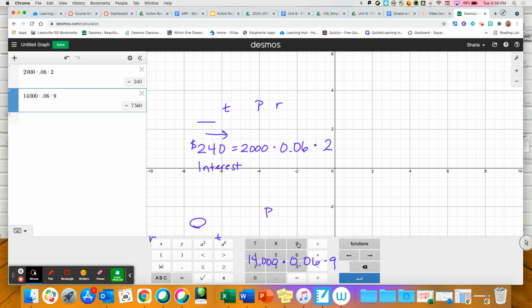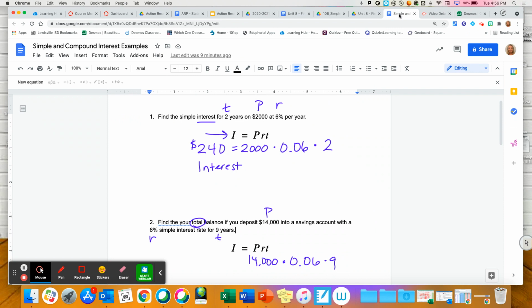And that gives us a total of $7,560. Go back over. $7,560. Now this is our interest. The question is asking for your total balance.